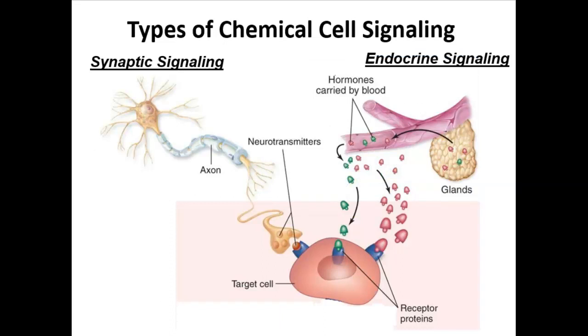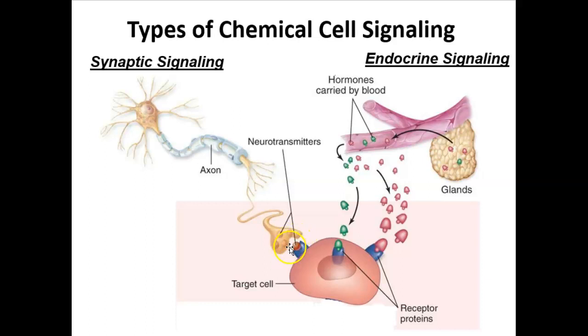The third and fourth types of chemical cell signaling are depicted on this slide. Synaptic signaling is called synaptic signaling because the junction between a neuron, shown in the diagram right here, and the target cell, any target cell, is called a synapse.